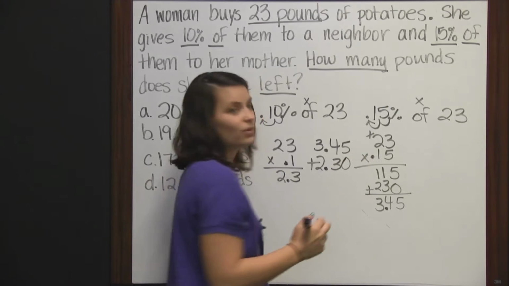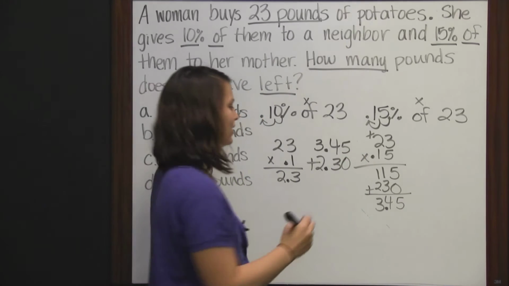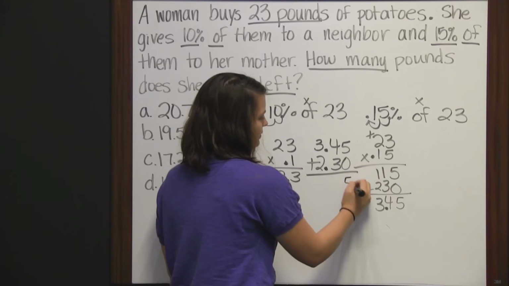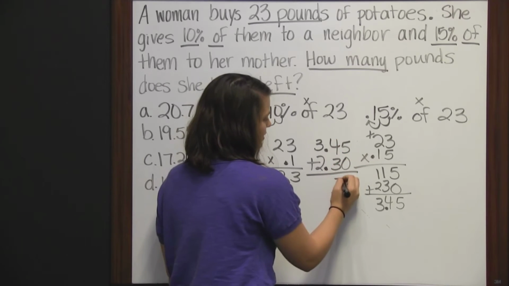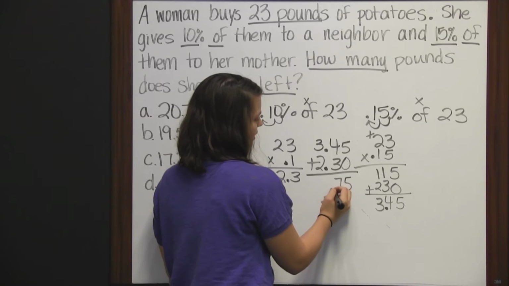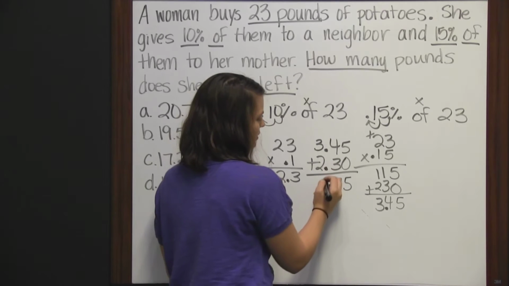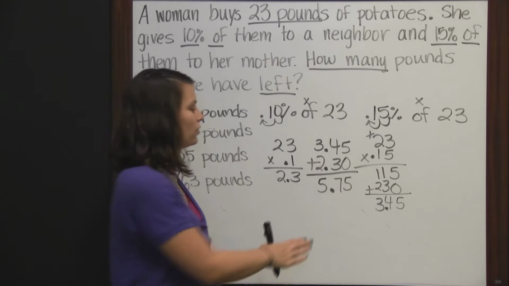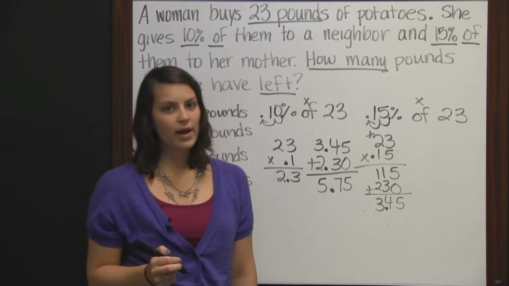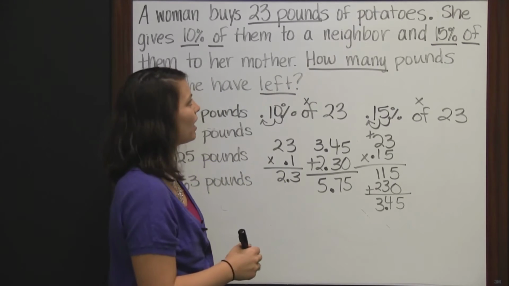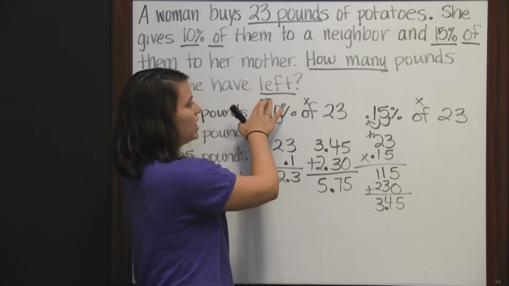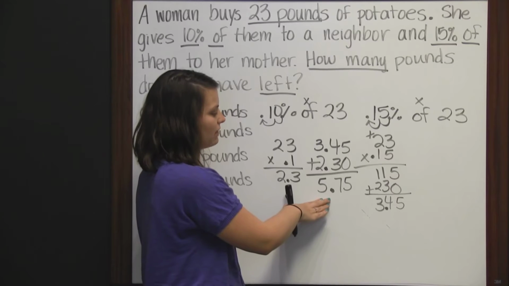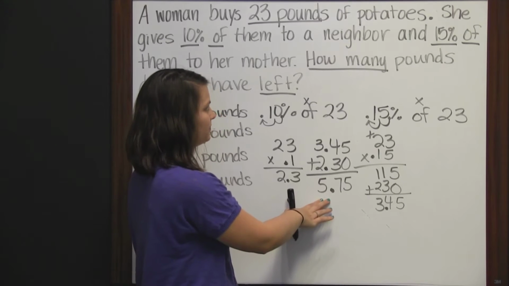And then you can fill in with as many zeros as needed after the decimal. 5 and 0 is 5. 4 plus 3 is 7. Bring down that decimal. 3 plus 2 is 5. So now we know the total amount that she gave away. And using that, we can figure out how much she has left after she gave away the 5.75 pounds.